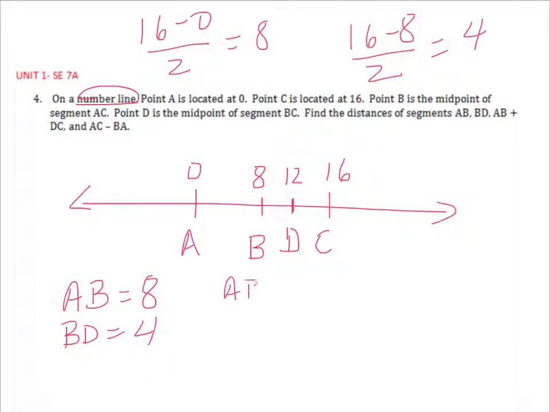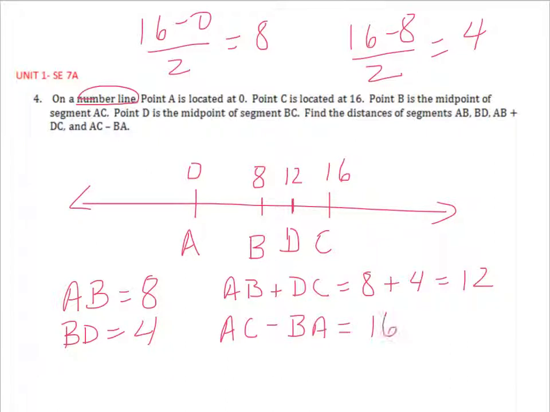AB plus DC, AB is 8, plus DC is from 12 to 16, which is 4. 8 plus 4 is 12. And then AC minus BA, AC is 16, minus BA is 8, equals 8. So use that information to work the similar problem on your paper.